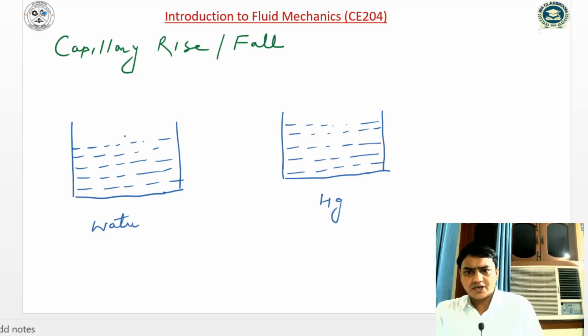If I insert a small diameter tube, having diameter d, what will happen?